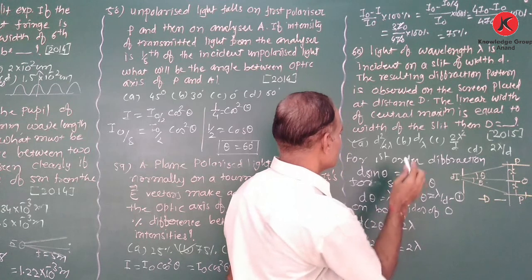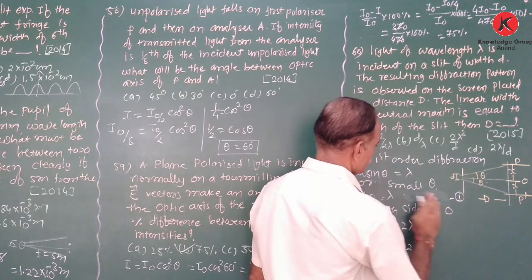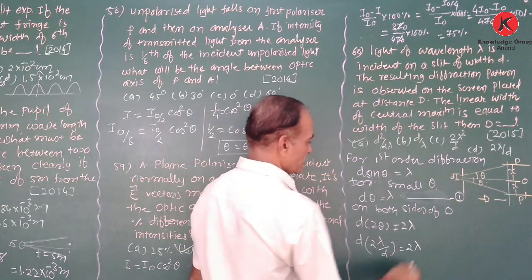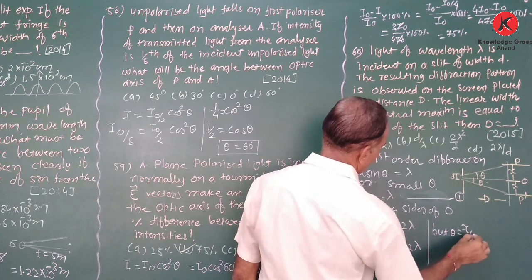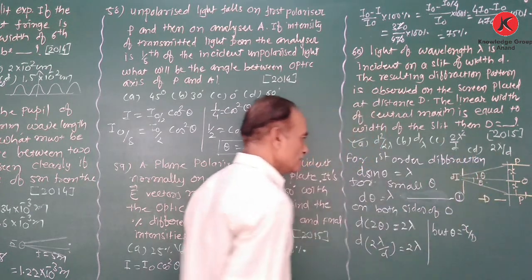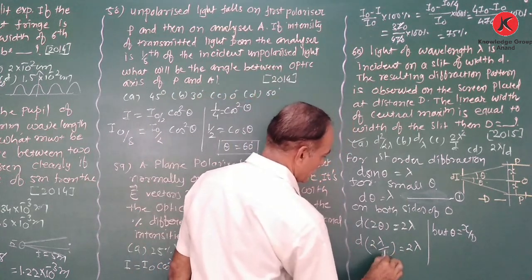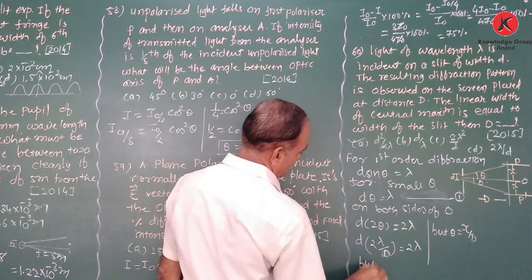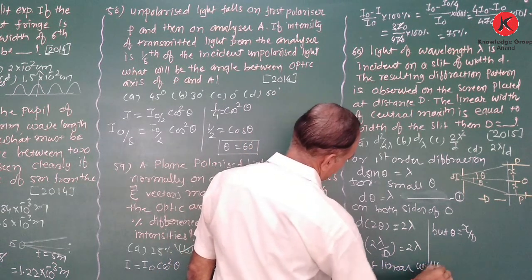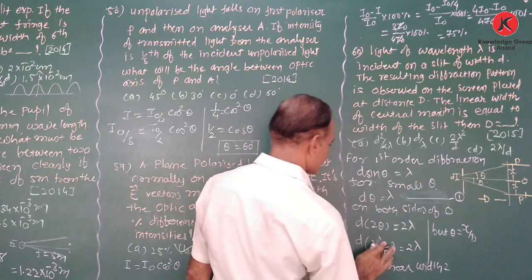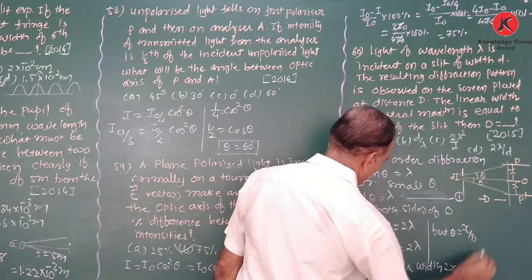Here d sin theta is equal to lambda, that is equation 1, and here we are using theta is equal to x by capital D. Therefore, 2 lambda upon capital D. But linear width is given as 2x, and 2x is equal to small d.